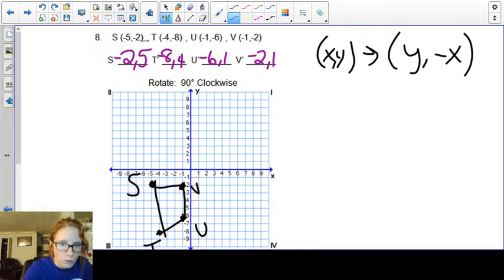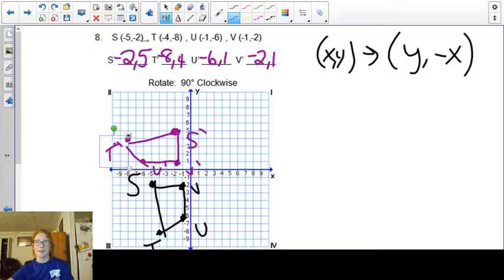So -2, 5. -8, 4. -6, 1. And -2, 1. There we go. We got them rotated.